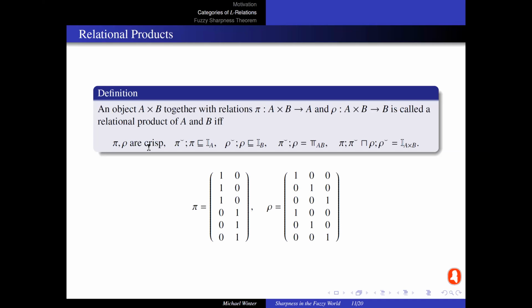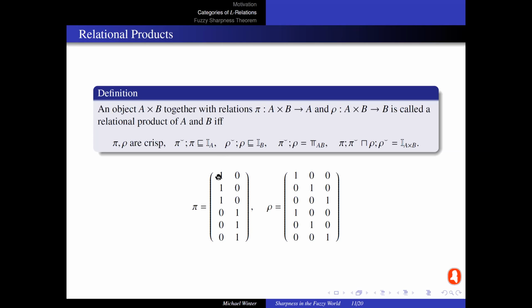Here's a picture in terms of Boolean matrices of the projections. So you see over here, the pi has 1, 2, 3, 4, 5, 6 rows. The product I'm talking about over here is from 2 elements times 3 elements, and you see the first 3 pairs all have the first element from the 2-element set as the first component.